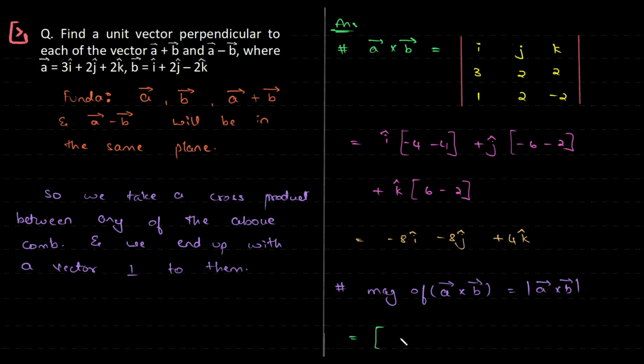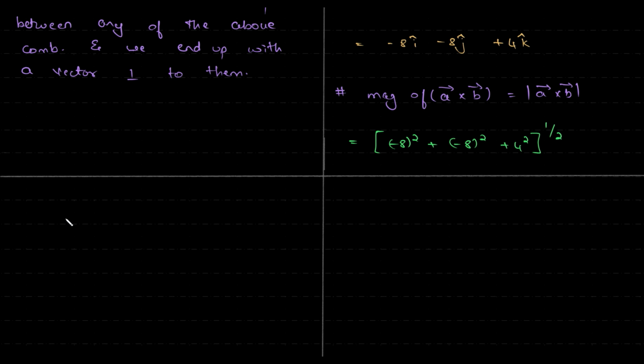This would be equal to (minus 8 square plus minus 8 square plus 4 square) to the power of half. So this is 64, 64 and 16. 64 plus 64 is 128, plus 16 is 144. Square root of 144 is 12.